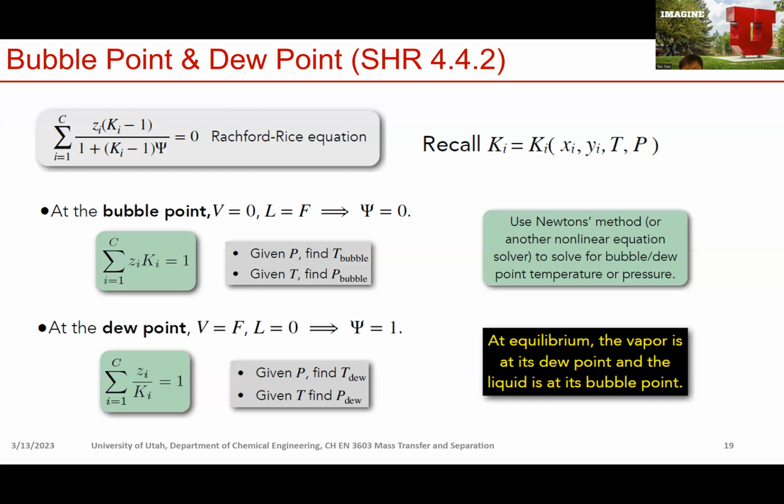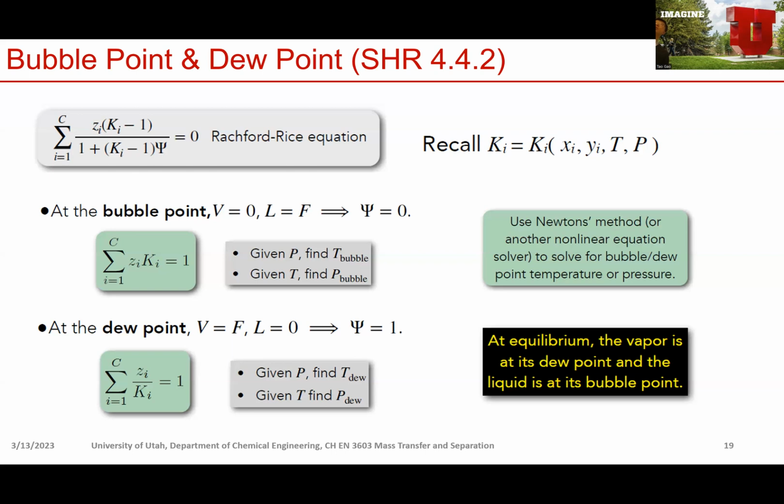In both cases we know psi, the mole fraction of vaporization. Because at the bubble point there's no vapor, psi is 0. At the dew point there's no liquid, so psi is 1.